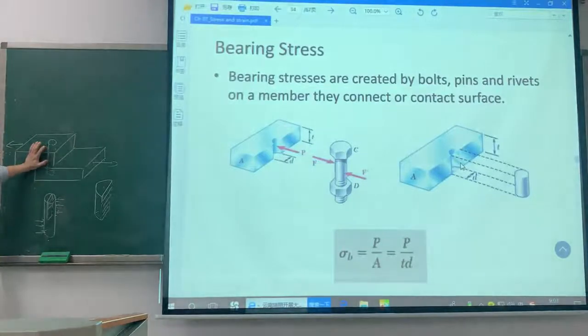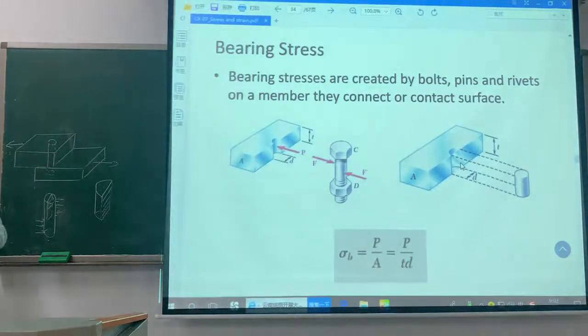It means if the connection must be safe, under the loading acting on the connection, it must be safe.